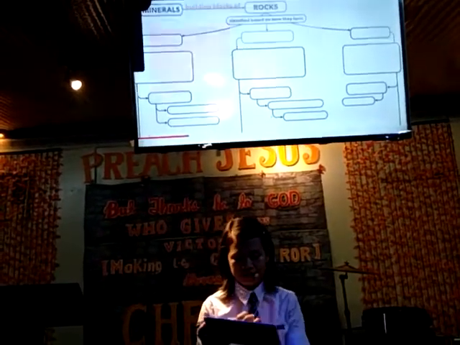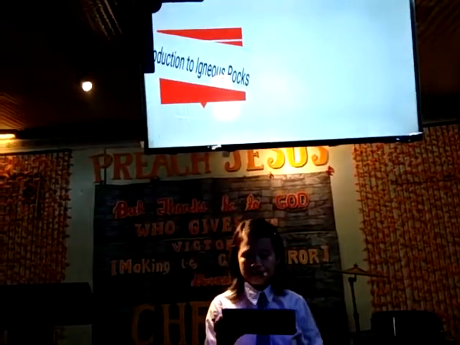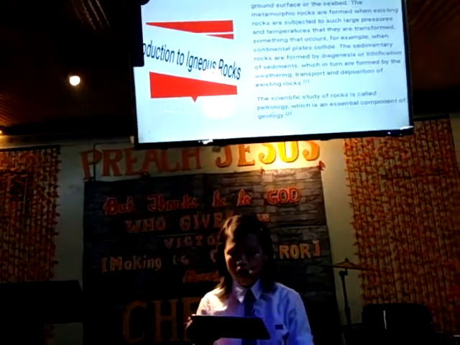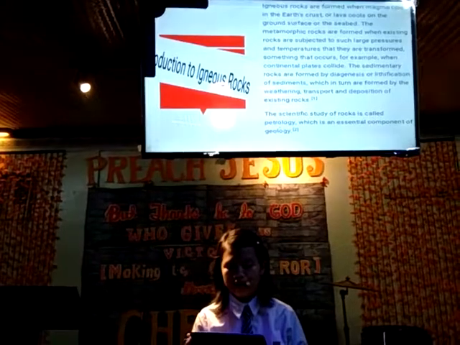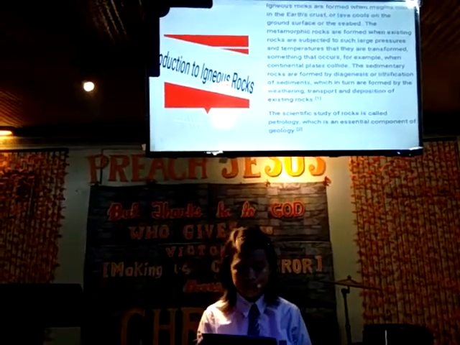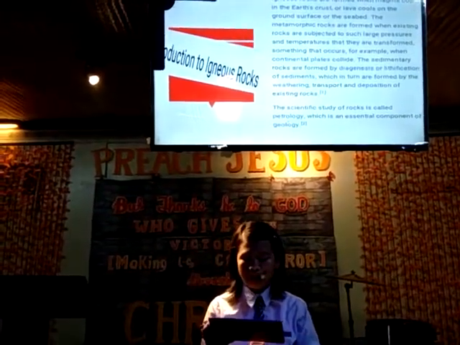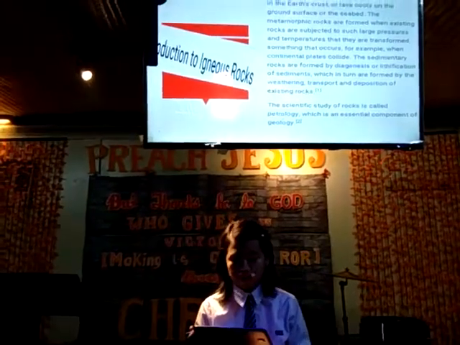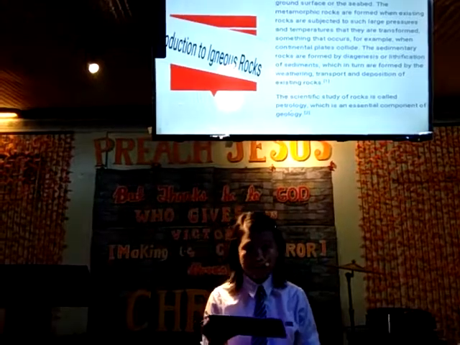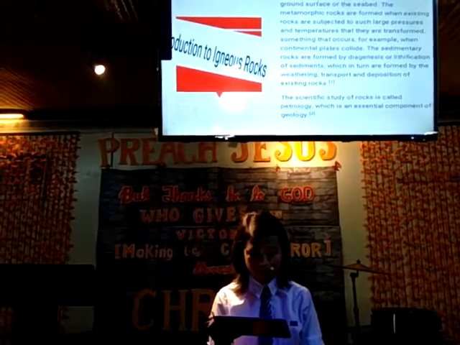Introduction to igneous rocks. Igneous rocks are formed when magma cools into the Earth's crust or lava cools on the ground's surface or the seabed. The metamorphic rocks are formed when existing rocks are subjected to such large pressures and temperatures that they are transformed.